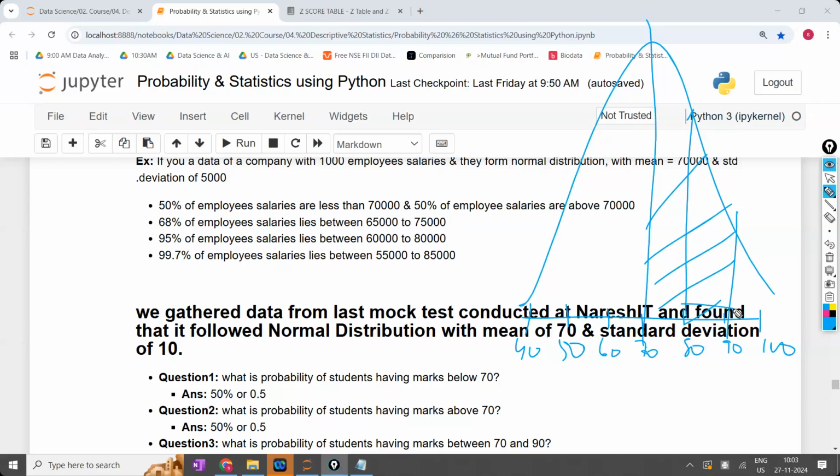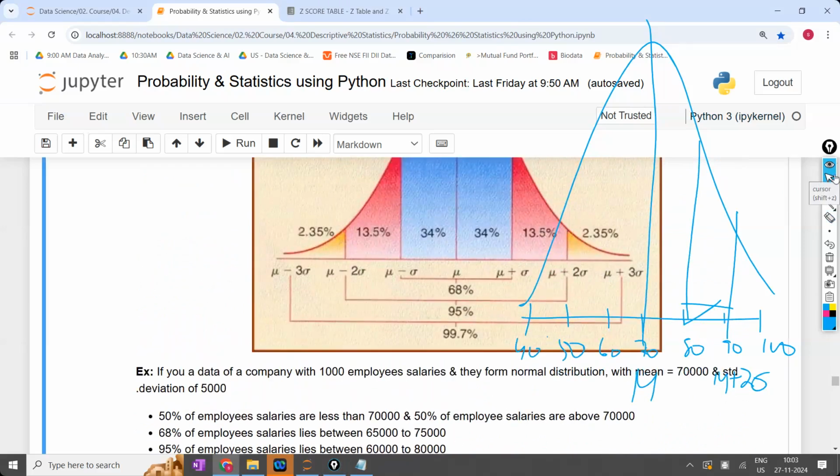Confused? I'm asking 70 to 90. What is 70? Mu. This is mu plus 2 sigma. What is the distance between mu and mu plus 2 sigma? From mu to mu plus sigma it is 34, you just concluded that.